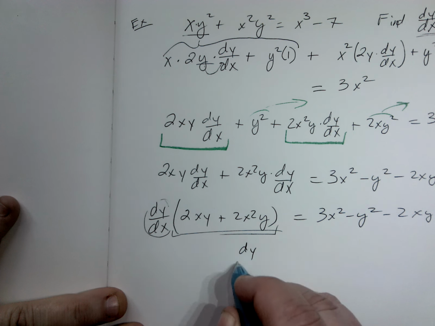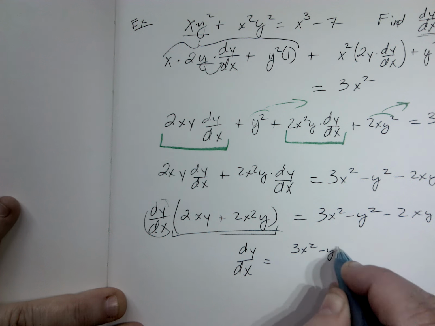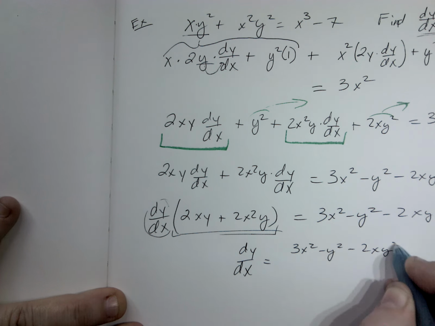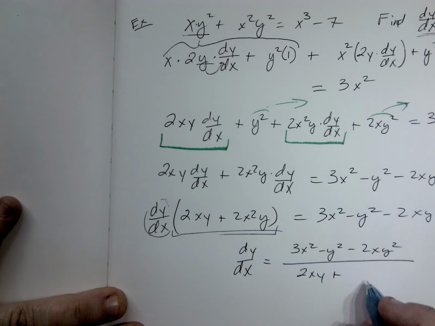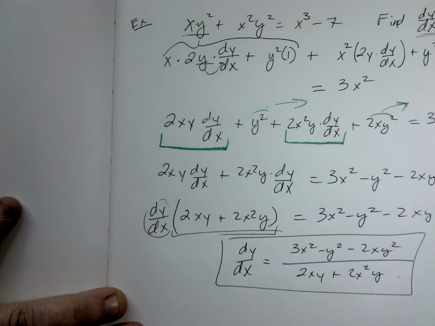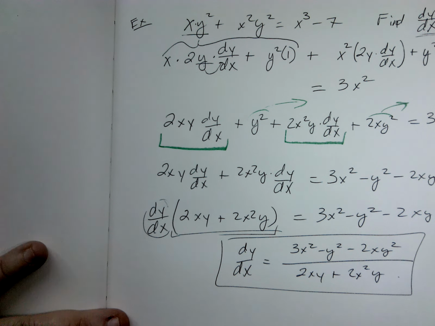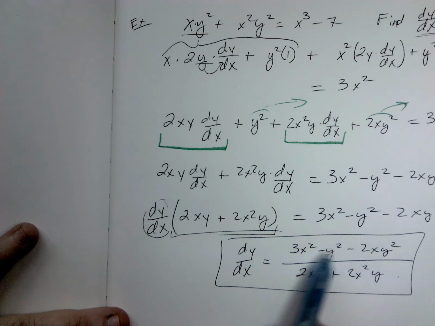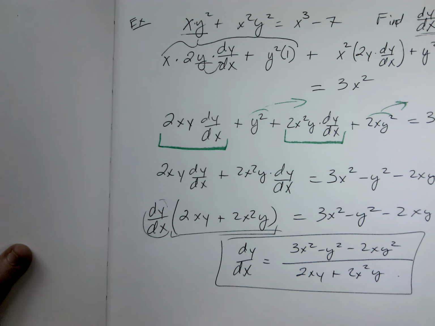So dy/dx is equal to 3x squared minus y squared minus 2xy squared, divided by 2xy plus 2x squared y. And that's what dy/dx is. If I wanted to find the slope at a particular point, then I would plug my x coordinate and my y coordinate in here to figure out what the derivative is at that point.